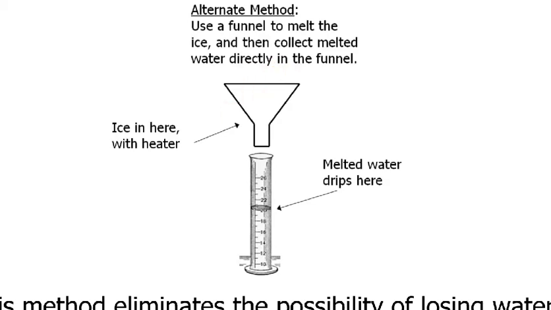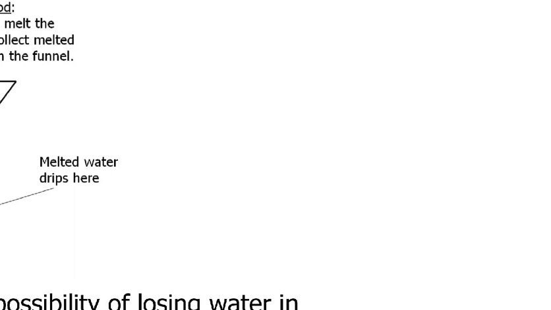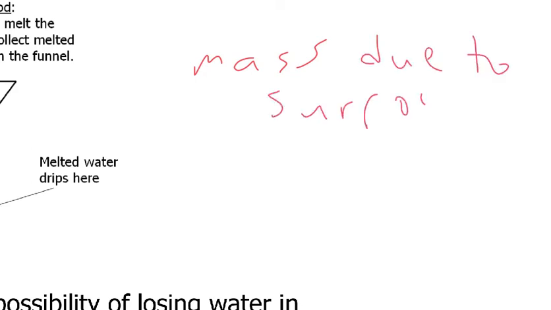All right. Then you would find out what that mass is of water, right? And that would tell you how much water melts just due to the surroundings in 30 seconds. Then what you might do is plug the heating coil in for 30 seconds, right? And you'll get more water that drips out. You'll collect that amount of water, find that mass. So then you have, let me do this over here, mass due to surroundings, right?